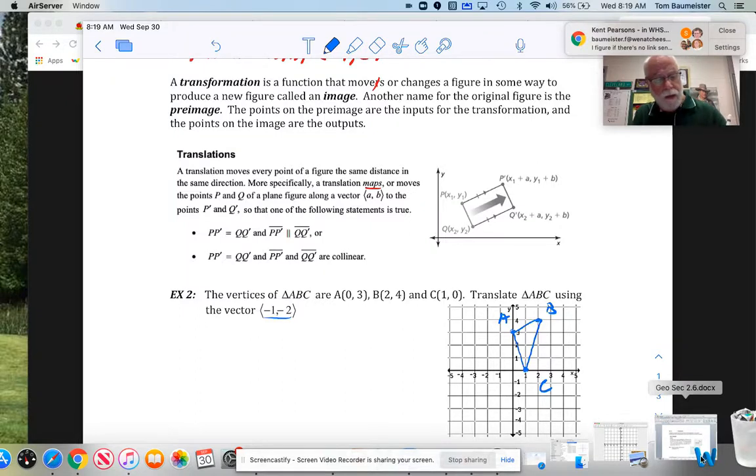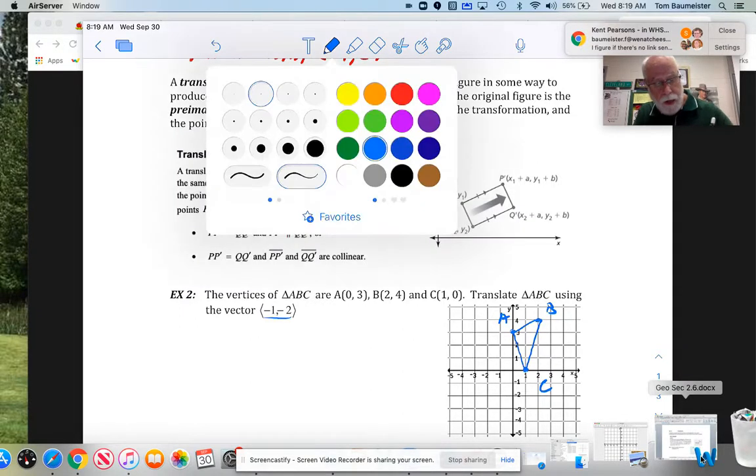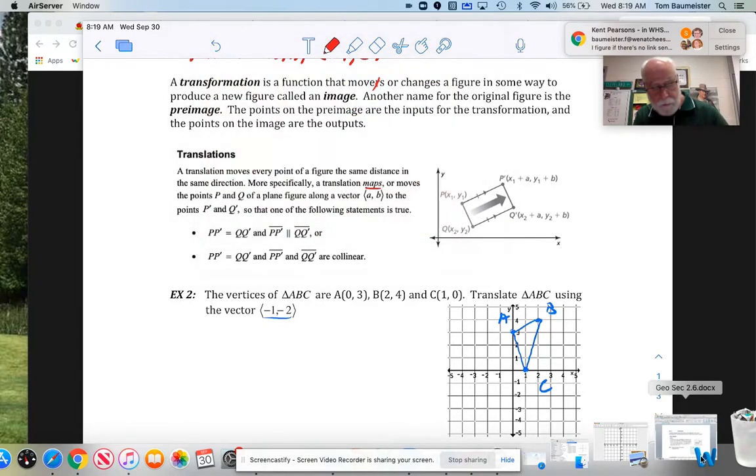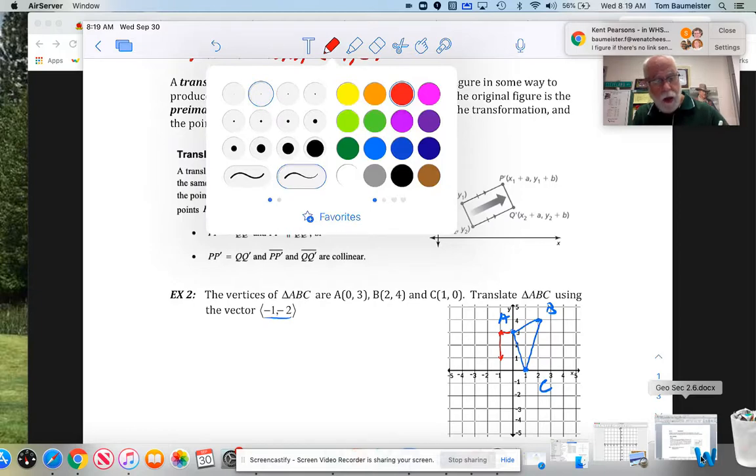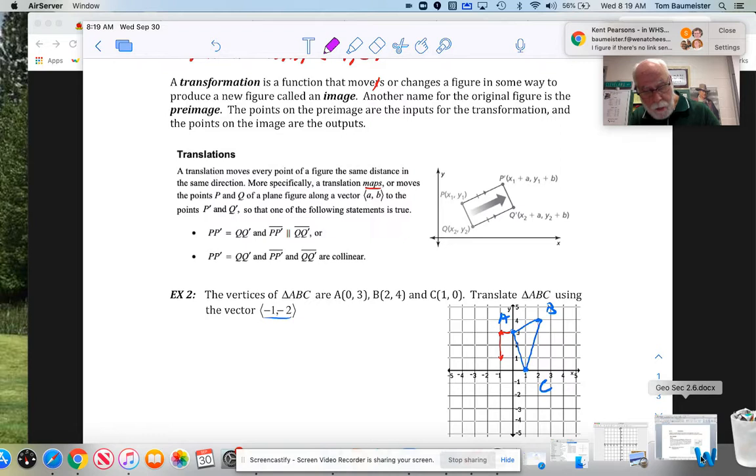So what that means here is we are going to move our A, our B, and our C. So that means we're going to go over 1 in the negative direction, and then we're going to go down 2. And that's where our A prime point will be.